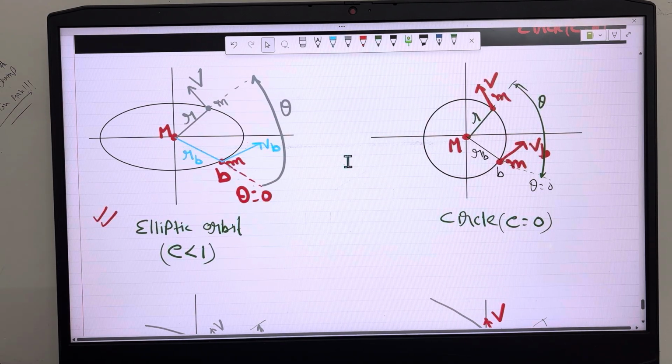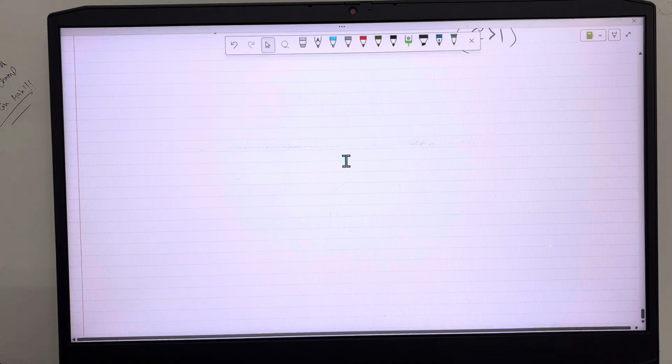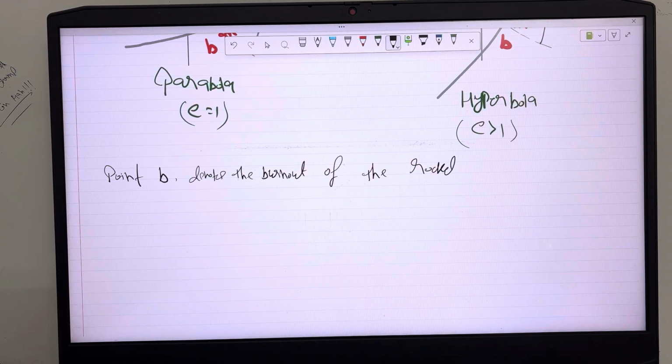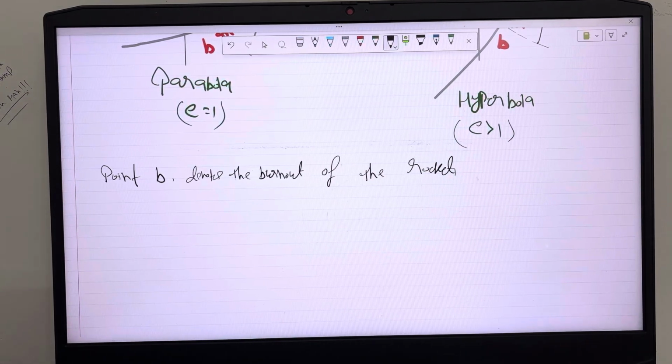Now write some points. It is a very neat figure, fine. Right now, circular and elliptical path, of some point B. Point B denotes the burnout of the rocket, or any space shuttle which is firing, rocket booster you can say, or rocket, it's okay.